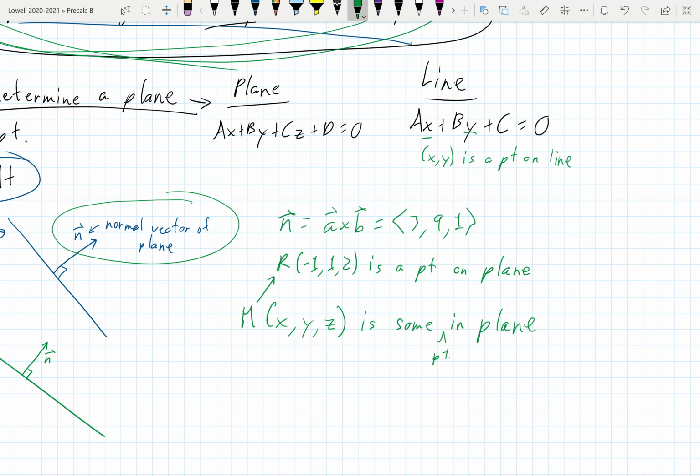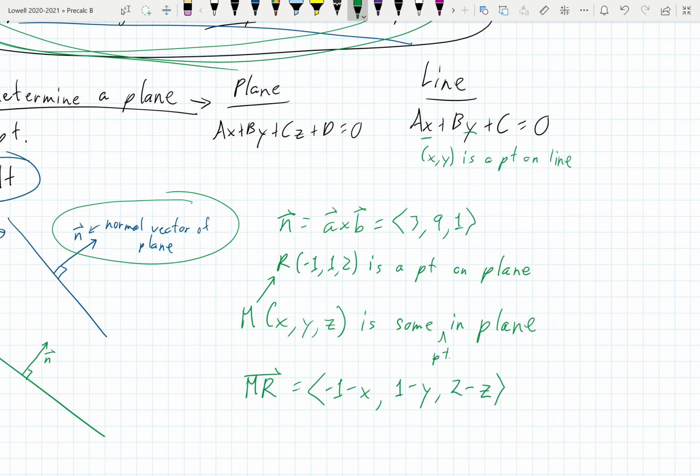Okay? That vector, whatever you want to call it, vector MR, is going to be, again, its components. Well, the x component is the difference in the x, right? Final minus initial. So it'll be negative 1 minus x, 1 minus y, and then 2 minus z. Okay?